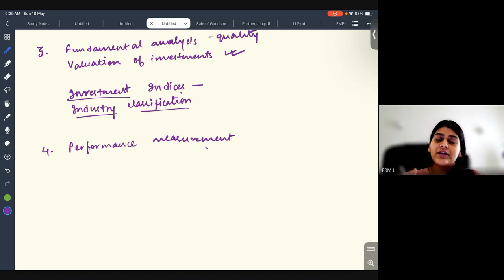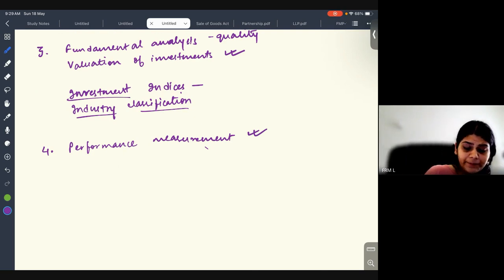Whatever strategy they are making, whatever consultancy they are giving, they will have to back it with numbers. So for that, we have performance measurement, wherein we see how to measure an investor's performance. We see different metrics. Again, this will have quite a few numericals. We see different methods, their advantages, their disadvantages. Plus, a very important part of this chapter is attribution analysis.